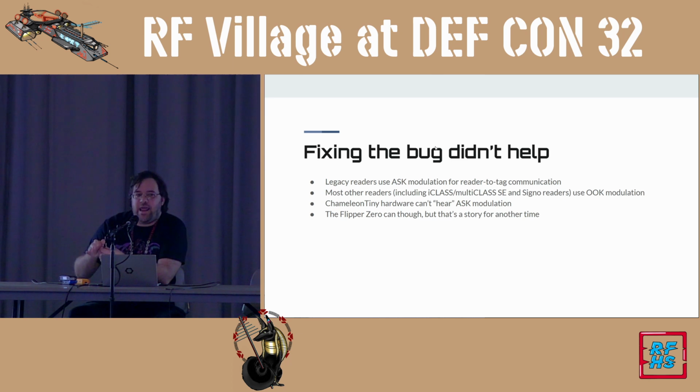And that's actually handy for some use cases where you want the card to work at a longer distance because you're still providing some power to the card when you're doing that ASK modulation. And 14443B uses that modulation by default, whereas 14443A uses on-off keying.